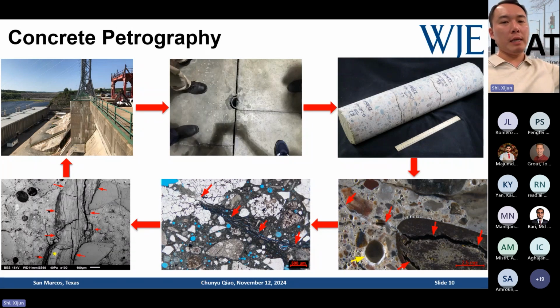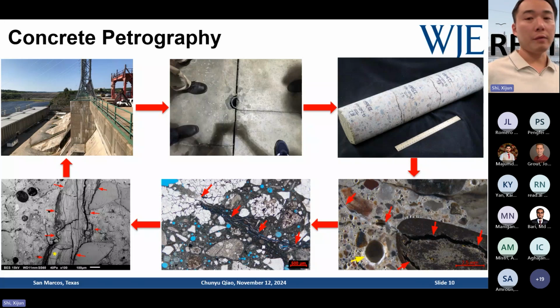You can see in that aggregate particle you have a lot of very, very fine grains. Those are reactive particles. I think in this case it is a chert or some rhyolite components with amorphous, siliceous matrix or some grains that are really, really fine, which can be reactive in a high pH condition in concrete. So that's a very typical thin section observation for ASR jobs.